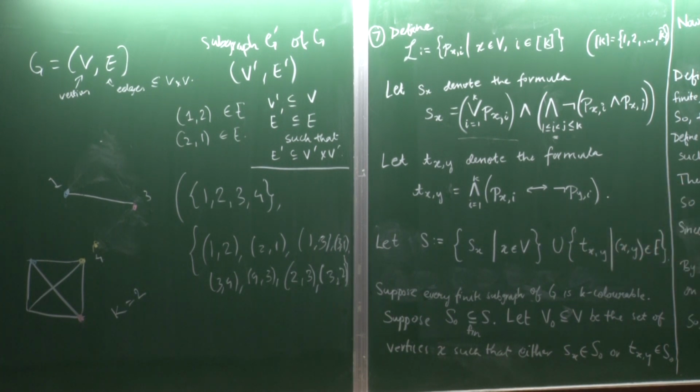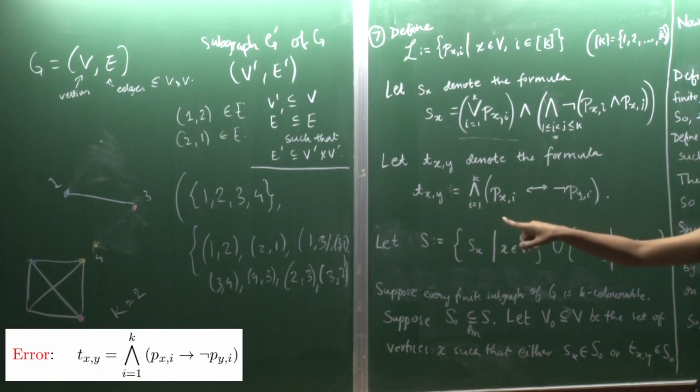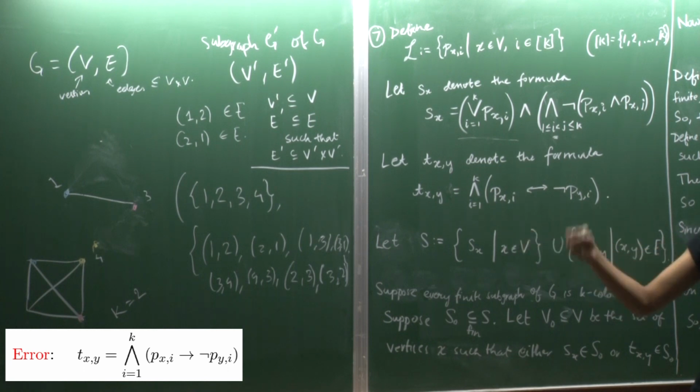Okay. Now what is the second thing that you need for a coloring? The neighboring vertices should have different colors. Exactly. So then for each edge, you would like to define a formula that captures that notion. So for that you define Txy. So Txy says that Pxi happens if and only if Pyi doesn't happen.